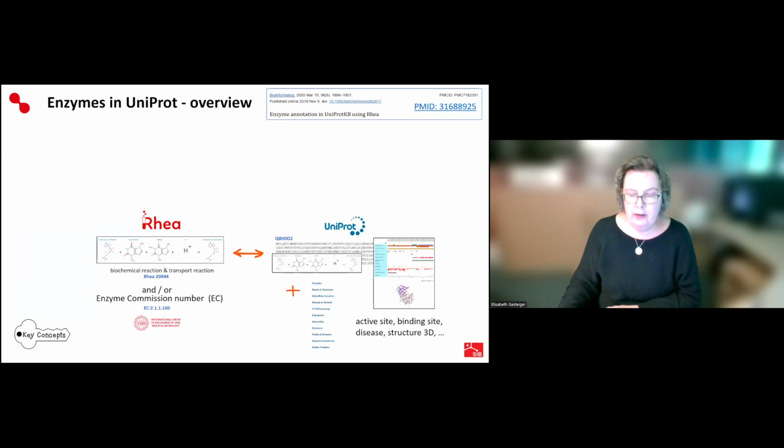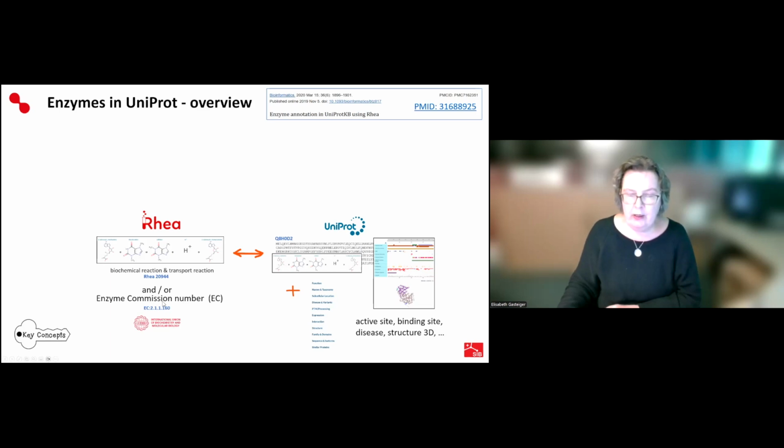All the enzymatic reactions in UniProt are imported from the Rhea database, which is an expert-curated knowledge base of chemical and transport reactions of biological interest. We also use information from the so-called EC numbers, which you may be familiar with.